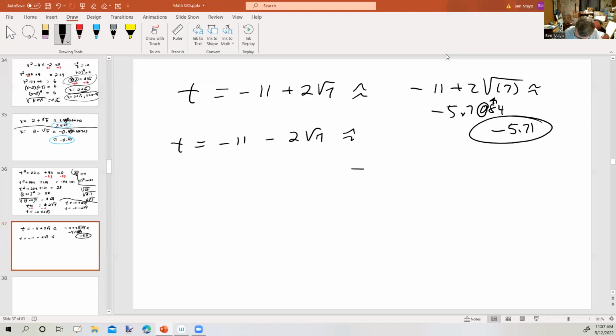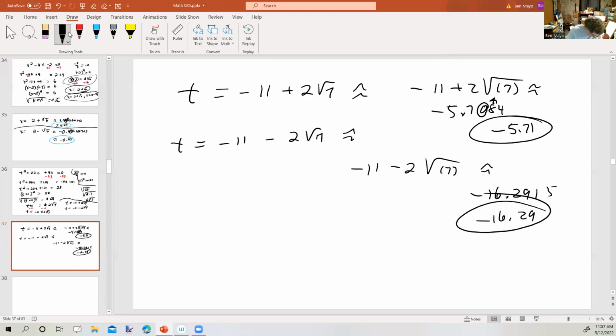And then the negative 11 minus 2 square roots of 7, not 17, sorry, 7, would be negative 16.2915. So negative 16.29. Again, because the 1 here would round down in the thousandth column. Okay with that?